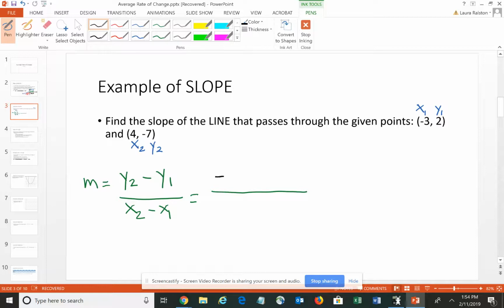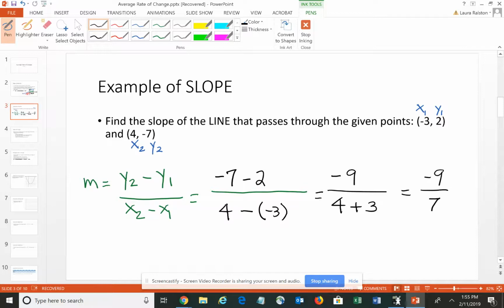So I would have -7 minus 2 and 4 minus -3. -7 minus 2 is -9. Then I would have 4 minus and a minus make a plus. So 4 plus 3 would be 7. So my slope is -9 over 7. Okay, so that's the concept that you learned in lesson 6.